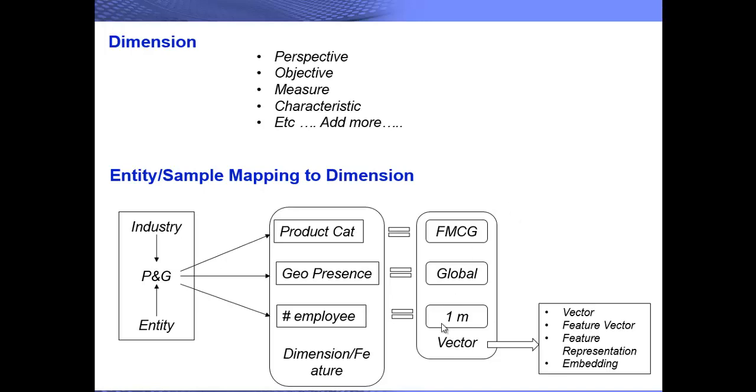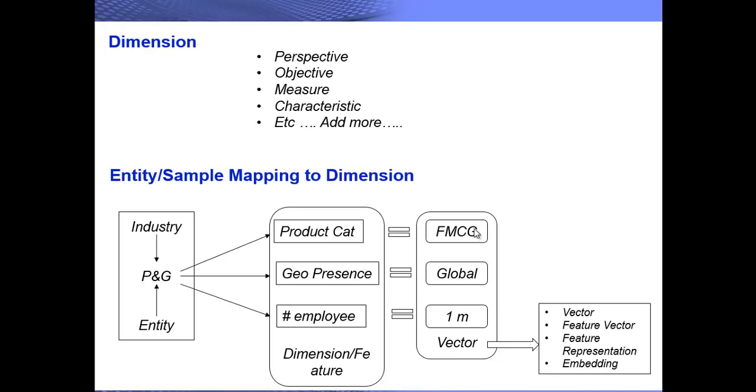Okay, so once we have an entity, we projected that onto 3 dimensions, and we got 3 values, and this is called a vector. Okay, this dimension can also be called a feature. Now these dimensions form a vector, and then the vector can be called a vector itself, or feature vector, or feature representation. And nowadays, because of natural language processing, the word embedding, even embedding is a word data scientists are using to denote this vector.